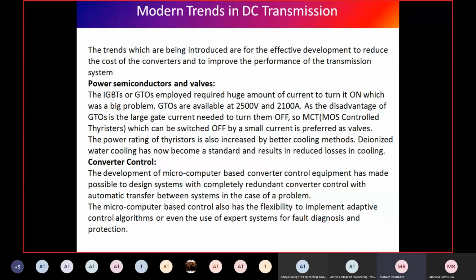That means some computer-based algorithms are used to control the thyristor devices, like PWM, pulse width modulation techniques, multi-level inverters, multi-level converters. So many computer-based methods are used to control the converter devices.